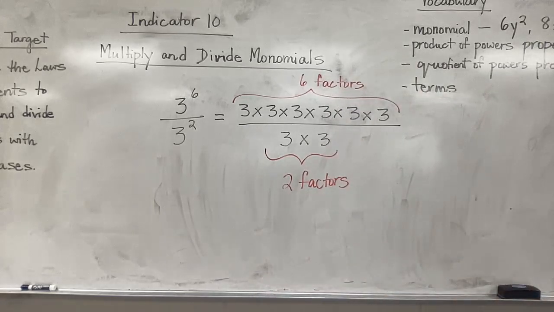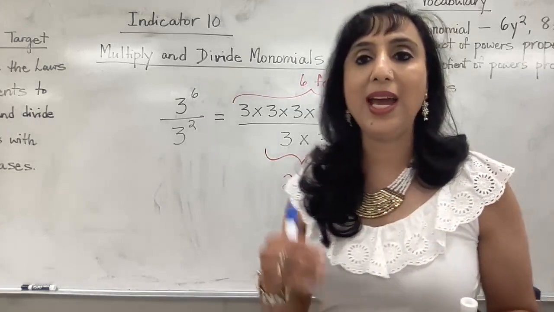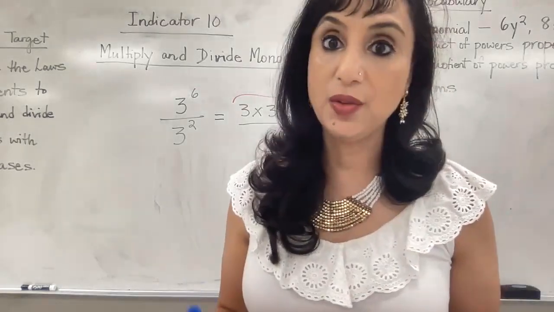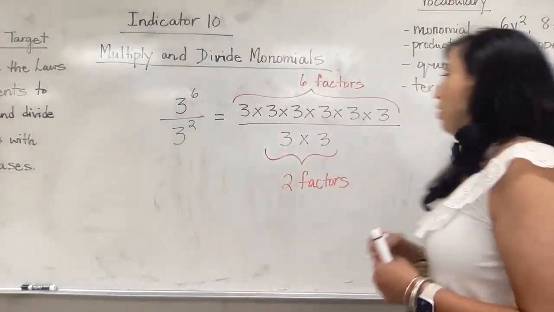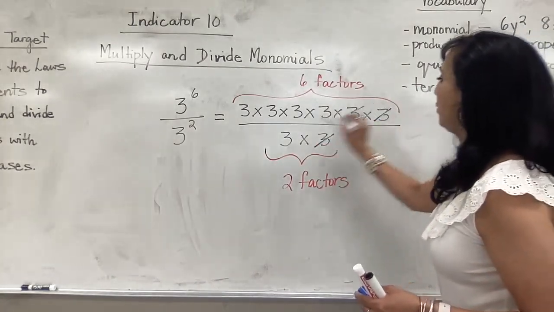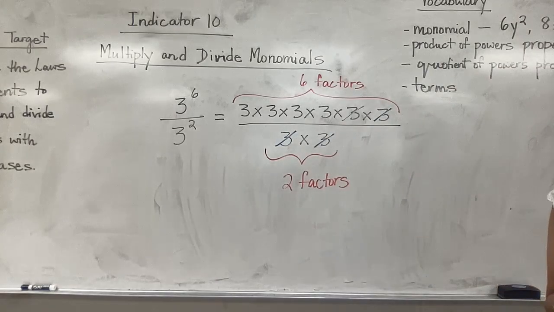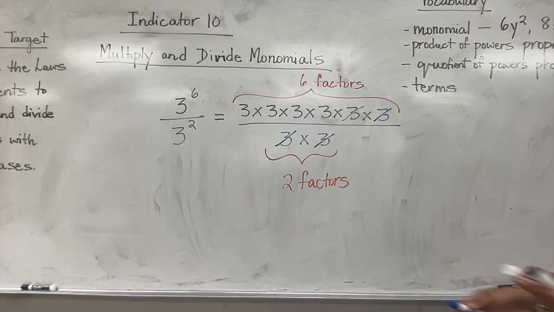Now we know that when we are dividing, we can simplify anything from the numerator to the denominator. So 1 3, another 3, 1 3, another 3. I've removed 2 3's from the top and 2 3's from the bottom, and then what am I left with?